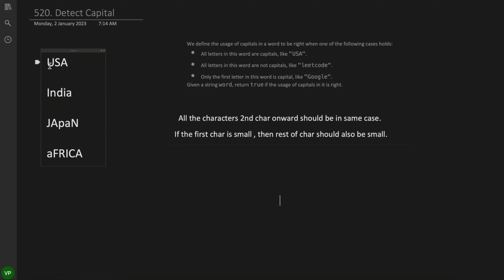Like if the first character is capital, the rest of the characters are capital; and first is capital, rest are small. There are a lot of true conditions, and I will have to list down the false condition either way, because I have to check that the second set of characters are of the same case.